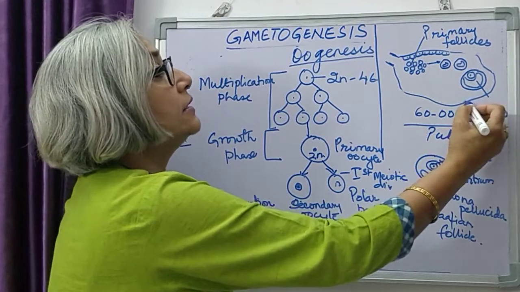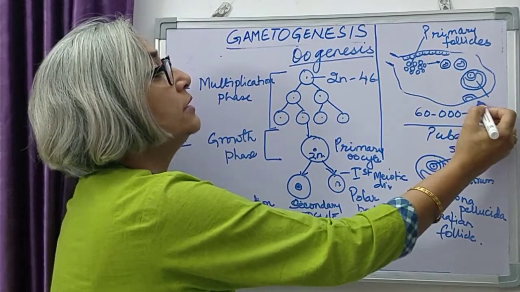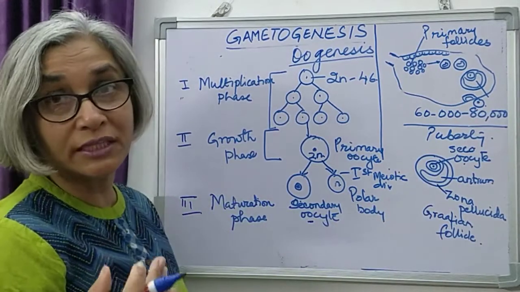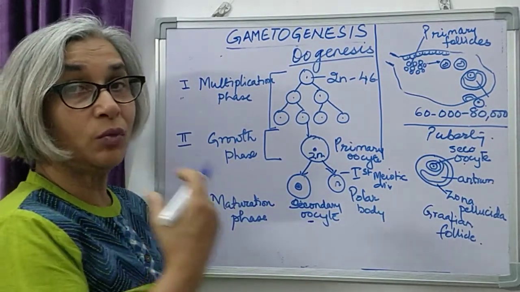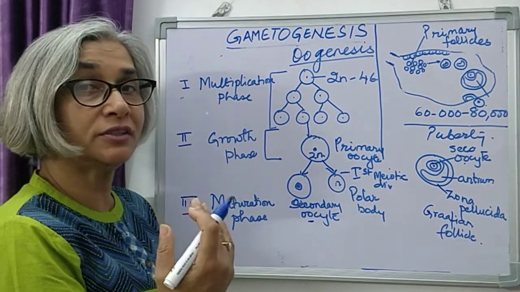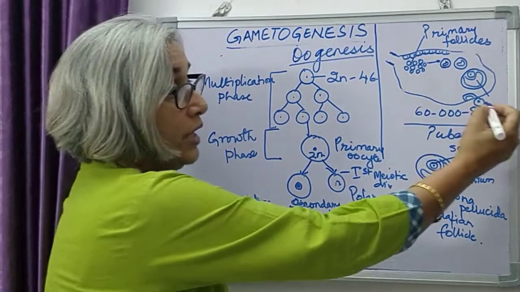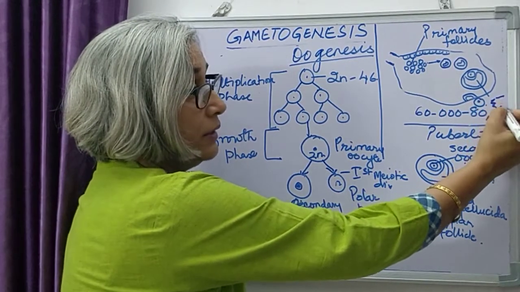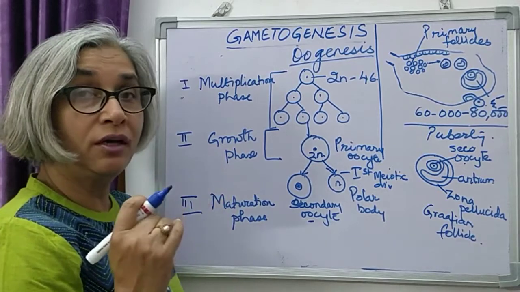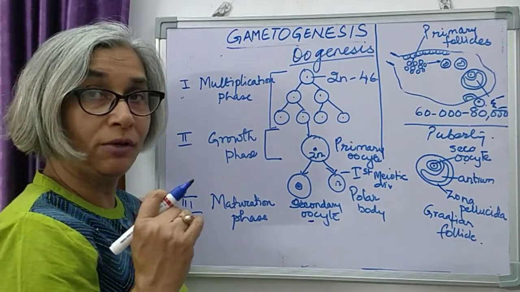At this stage, the follicle ruptures and releases the secondary oocyte in the peritoneal space between the ovary and the oviduct, in a female reproductive system, as I told you in my last class. This is then picked up by the oviducal funnel or the fimbria of the infundibulum.